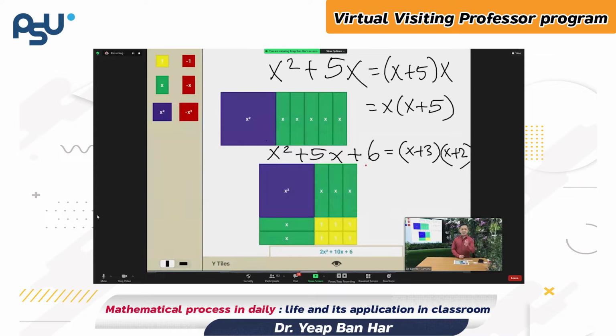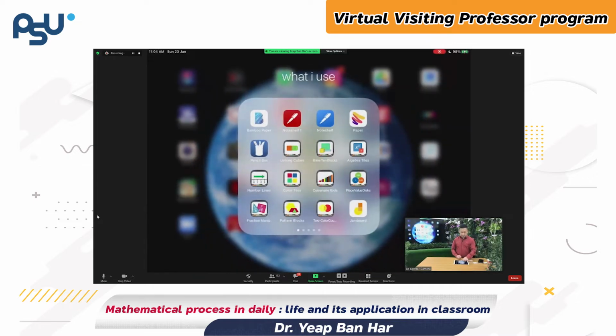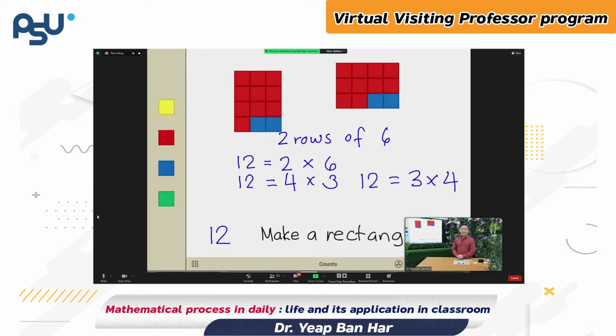Those are at least 2 cases where they can make a rectangle. Or for younger students, I give them 12. And I say, go, explore. And because they explore, they found, maybe I can make 2 rows of 6, 6 rows of 2, 3 rows of 4, 4 rows of 3, 1 row of 12, or 12 rows of 1. Exploring.